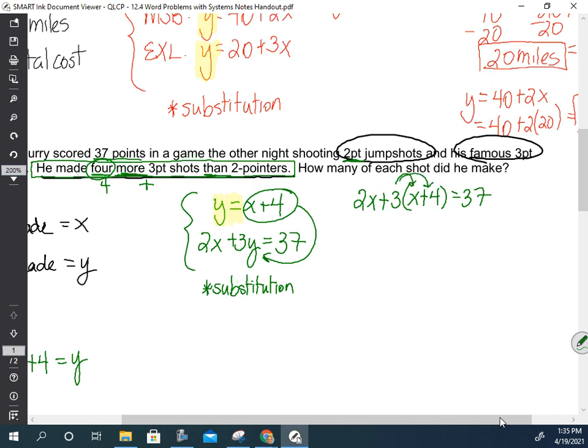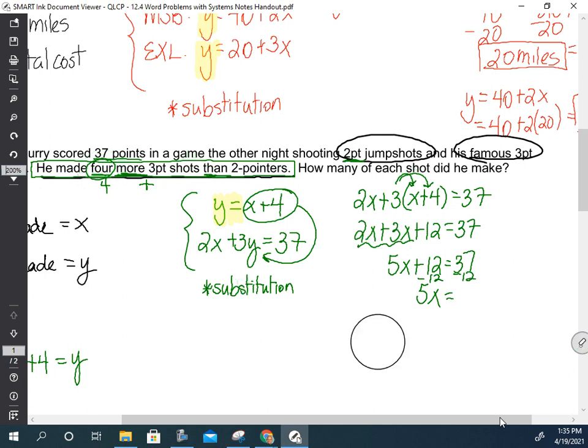Distribute. 2x plus 3x plus 12 equals 37. 2x and 3x is 5x. Subtract 12. 5x equals 25, so x equals 5.